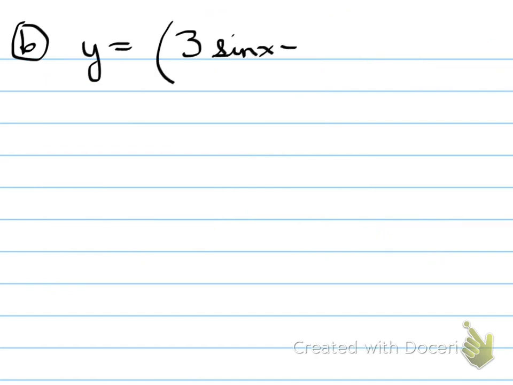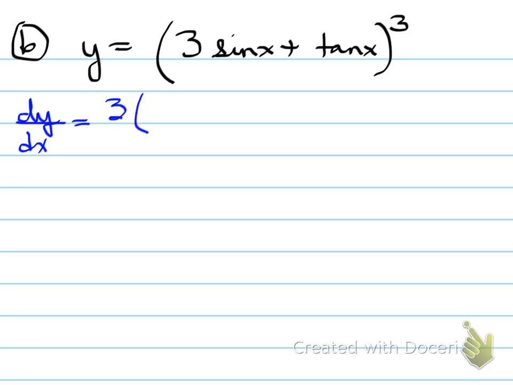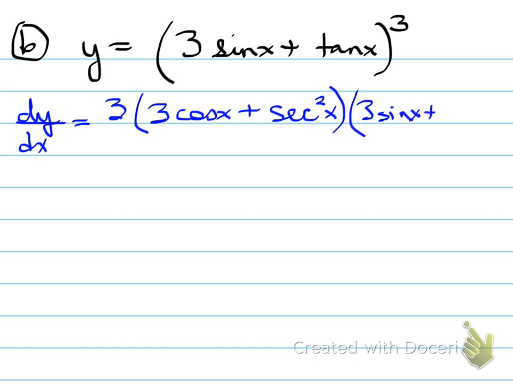All right. Next, y is equal to 3 sine x plus tan x all cubed. Let's find that derivative. Well, dy by dx is equal to 3 times the derivative of the inside, which is 3 cos x plus secant squared x, times 3 sine x plus tan x all squared.